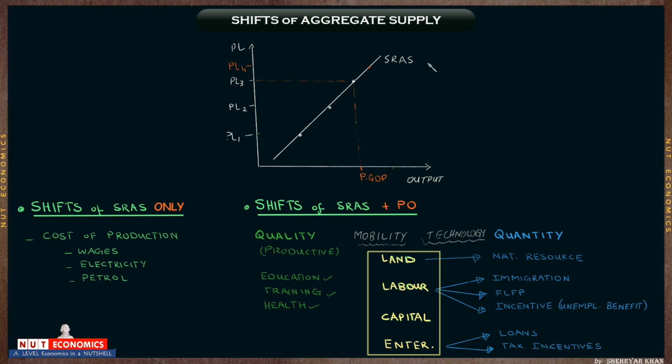If cost of production falls, the short-run aggregate supply increases, shifts to the right, and vice versa. On the other hand, these broader, more serious reasons where your quantity or quality of resources increase or decrease will shift not only your short-run aggregate supply curve, but your potential output as well as your PPC to the right.